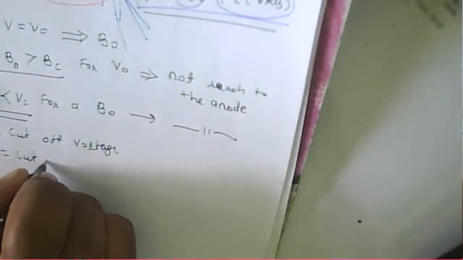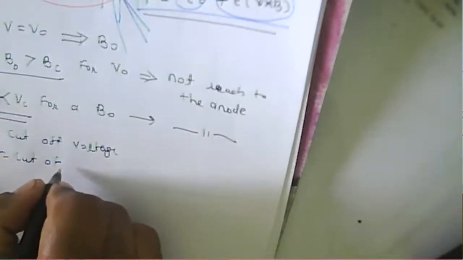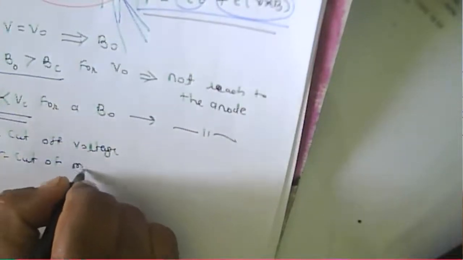So we need to learn about this Vc, which is nothing but a cutoff voltage, and the cutoff magnetic field.